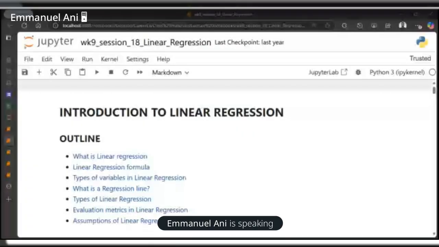Okay, that was a good question. For your evaluation metrics, the machine learning process is an iterative process. Before you get your final model, you're going to do trial and error, basically training and evaluation.